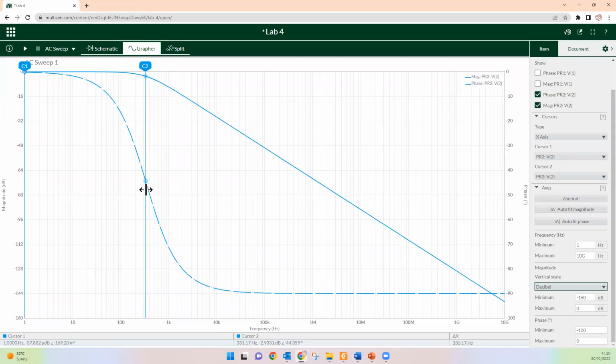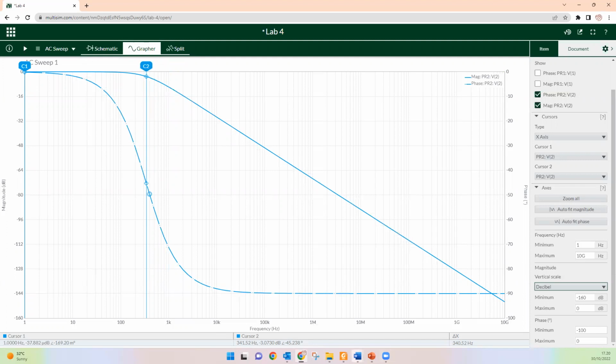Almost -3 dB, -3.07. This is the cutoff frequency, which is 341.5, and the angle is -45.